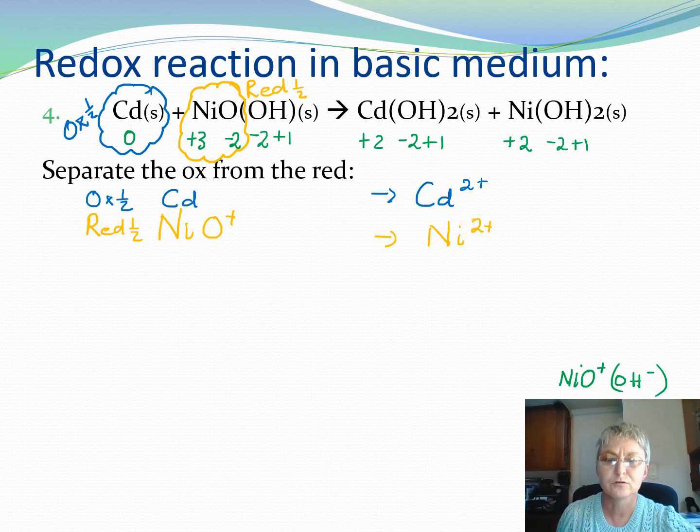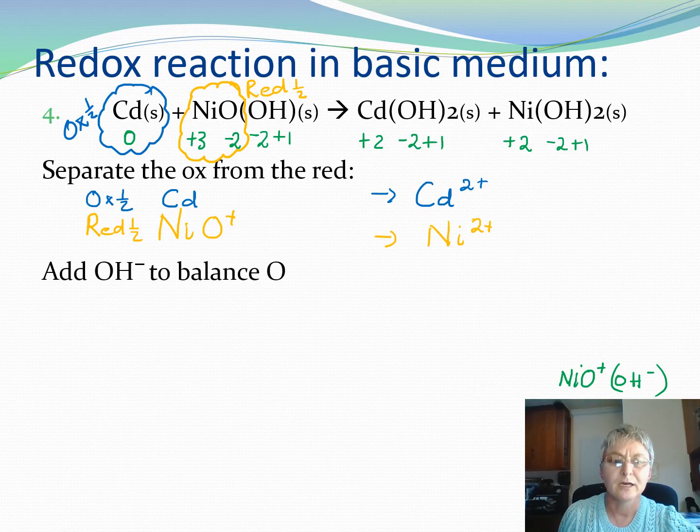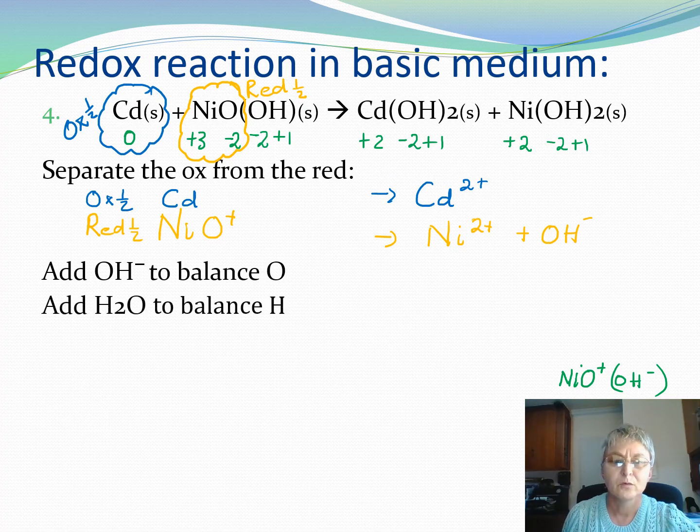Right, now we have rules to follow, like with the acidic medium. We need to add hydroxide to balance oxygen, so the reduction half reaction needs a hydroxide ion in order to balance the oxygen. Then we need to add waters to balance hydrogen.